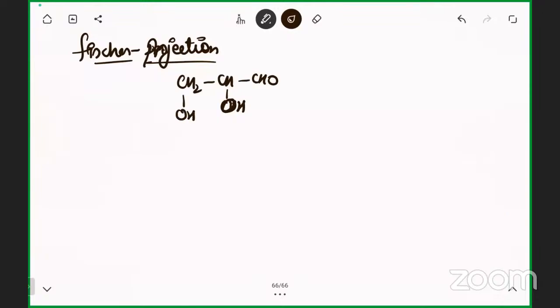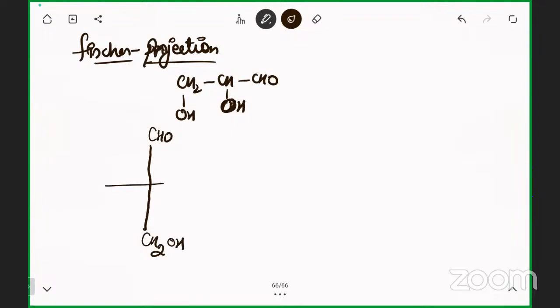For showing this particular compound, two different Fischer projections can be made. Vertically I'll make it, since we have three carbons. First carbon I'll show as CHO, last carbon as CH2OH.